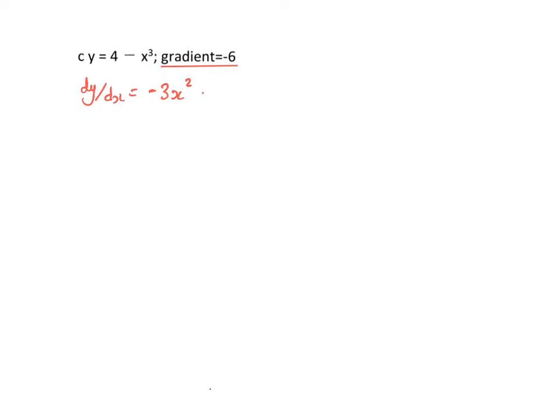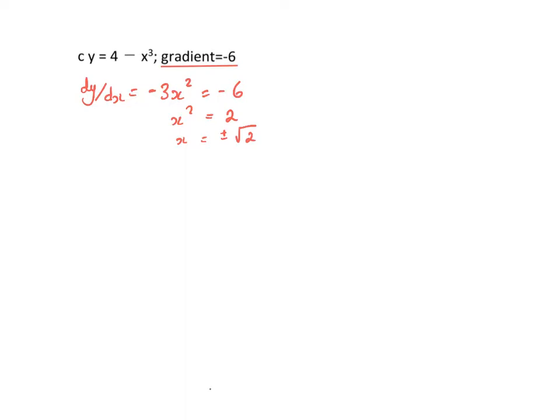And of course, we also know that we want the coordinate where the gradient is -6. So x squared is equal to -6 divided by -3, which is 2. And so x is going to be equal to plus or minus the square root of 2.